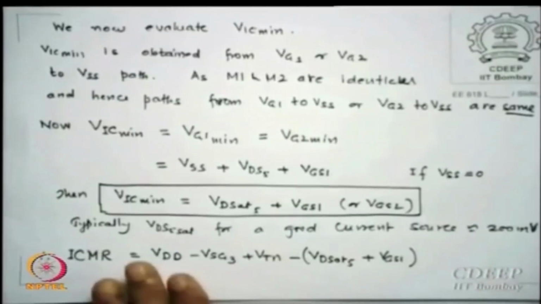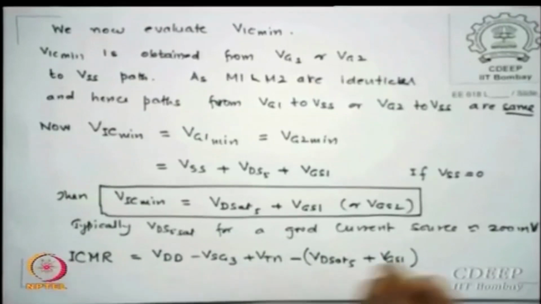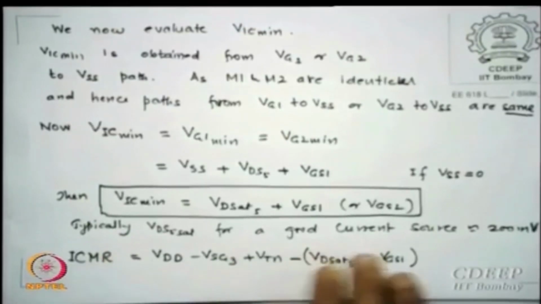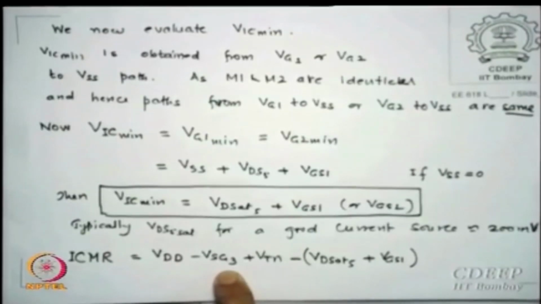So everything is given to you, so you know ICMR, or if I give you ICMR, one of the missing parameters can be evaluated. Typically VDD and VT are fixed, and the only thing you will be able to evaluate is VSG3, equal to VSG4, if I have specified the input common mode range. Is that correct? This is the range, so I am essentially specifying to a great extent this value.